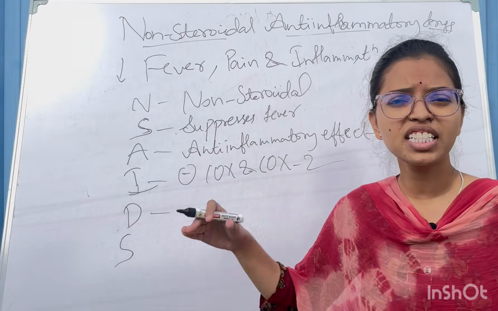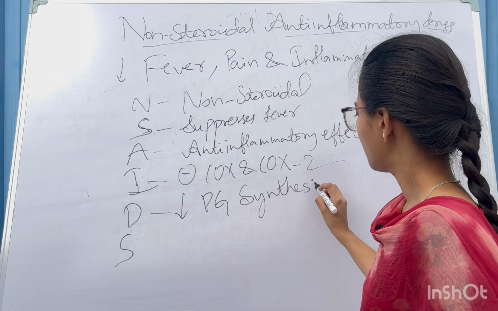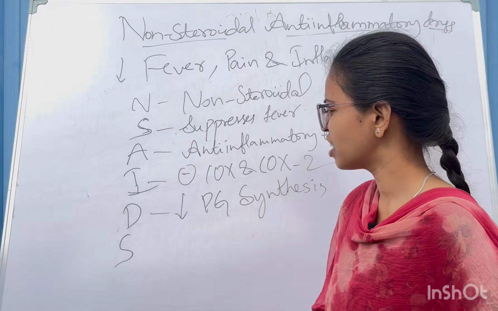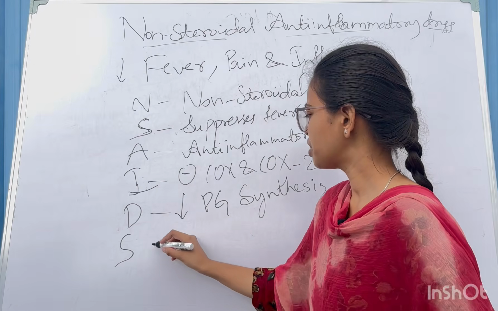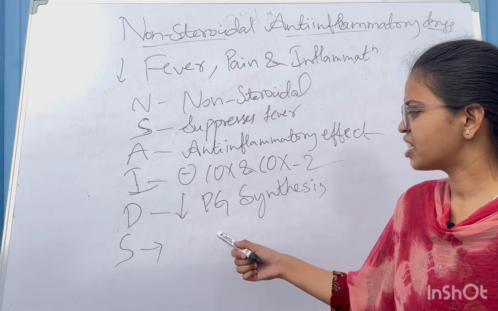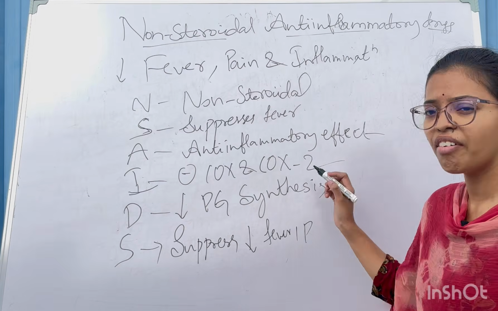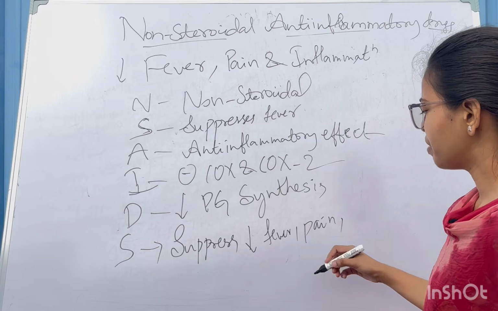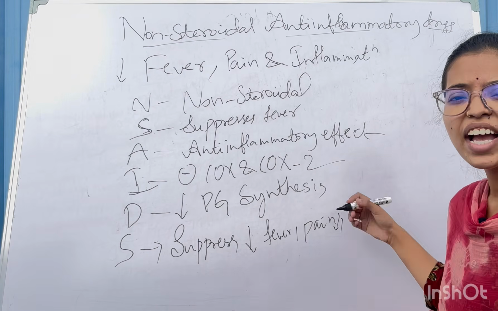And D is for decreases prostaglandin synthesis, which is another effect. You'll get to know this when I explain the mechanism of NSAIDs. The final S is suppress fever, suppress pain and suppress inflammation.